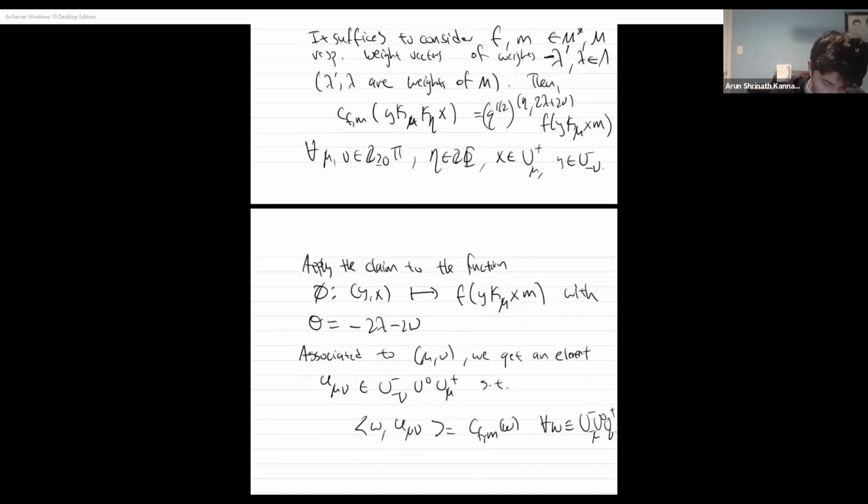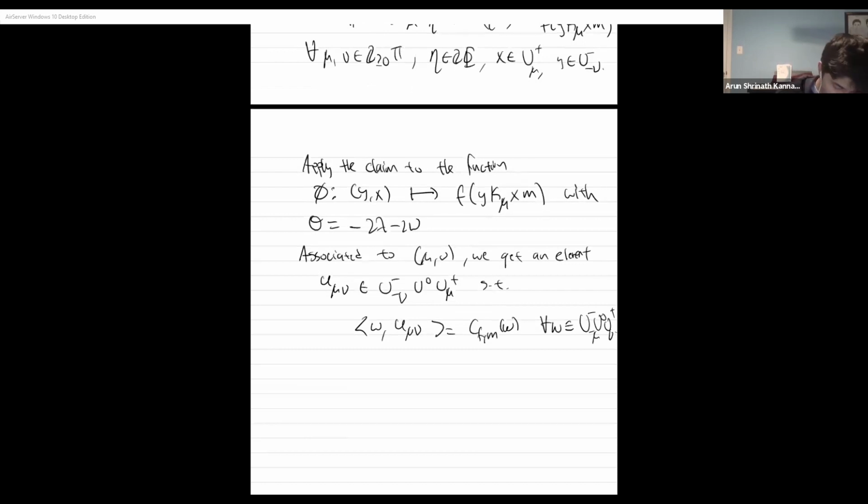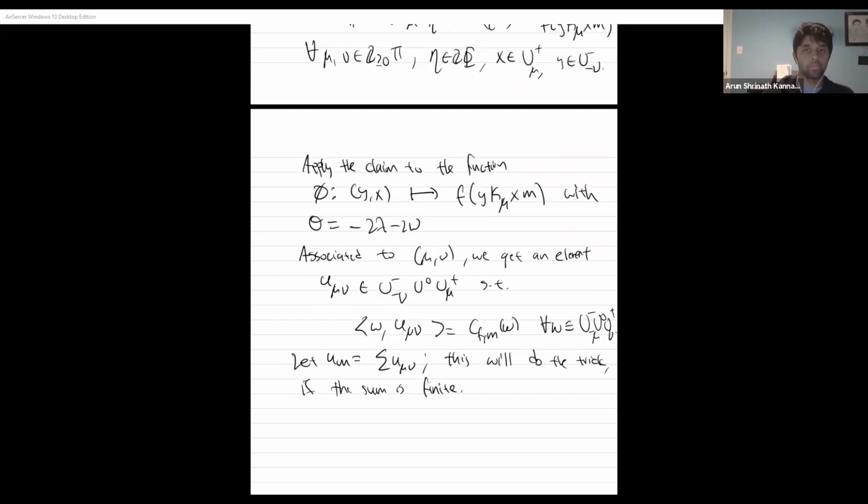Now what you can do is let UM be the sum of the u mu nu. There's a slight technicality here. This should do the trick if the sum is finite. And in order to show that the sum is finite, let's prove this fact here.